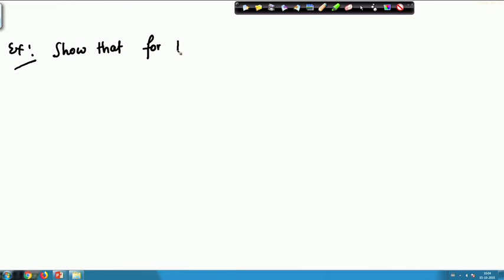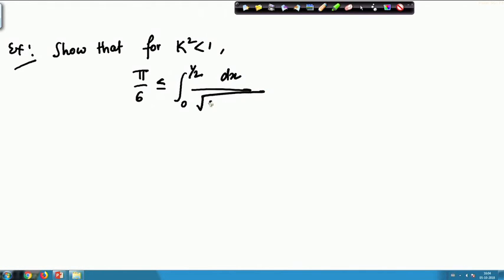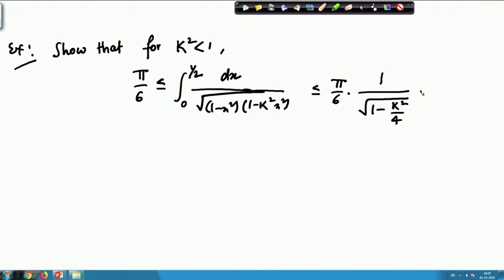for k squared less than 1, pi by 6 is less or equal to the integral from 0 to half of dx divided by square root of (1 minus x square)(1 minus k square x square), which is less or equal to pi by 6 times 1 over square root of 1 minus k square by 4.